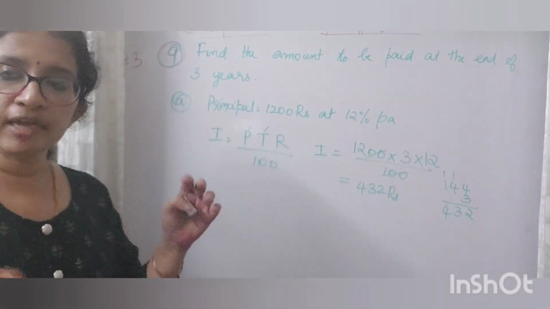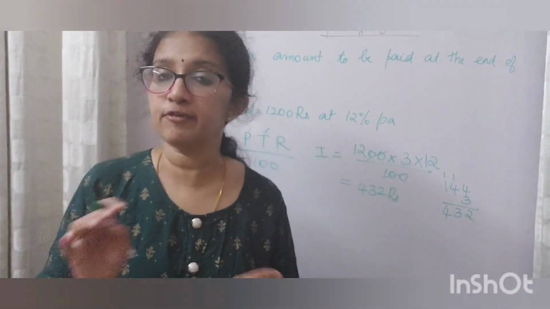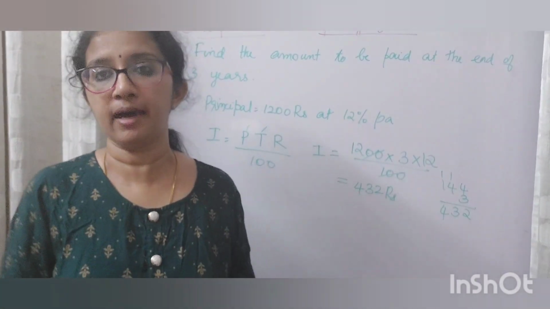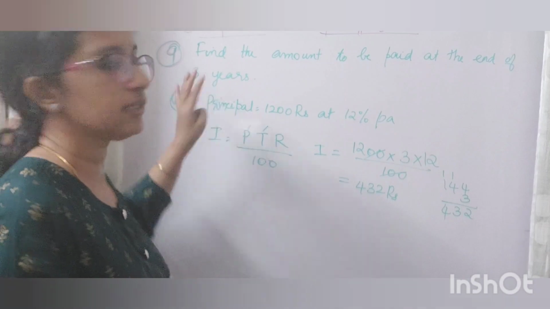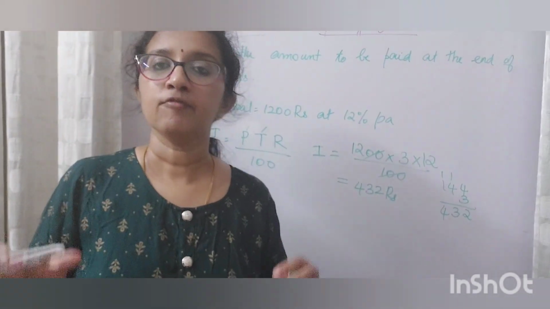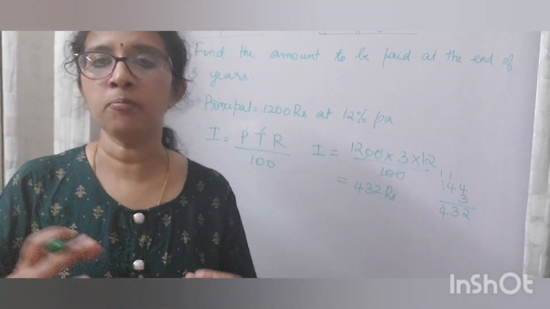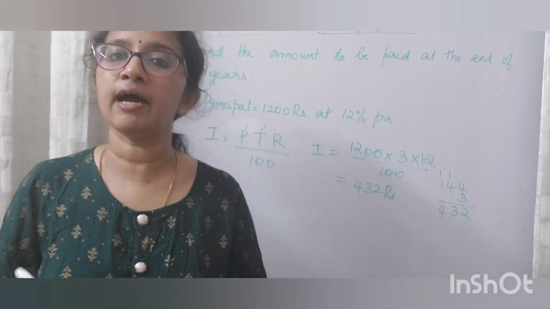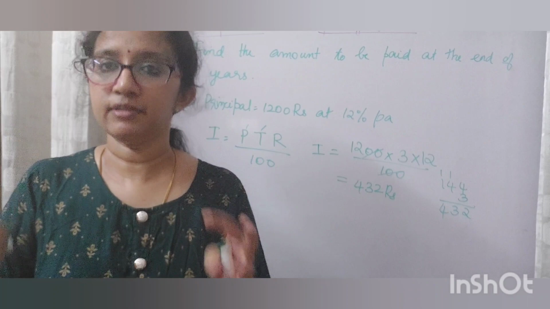So what do we have to find out? They are not asking for interest. They are asking how much amount we have to pay back, at the end of 3 years. That means that we have to find the principal amount plus interest. Okay, then only we will get the amount which we have to pay back at the end of 3 years.